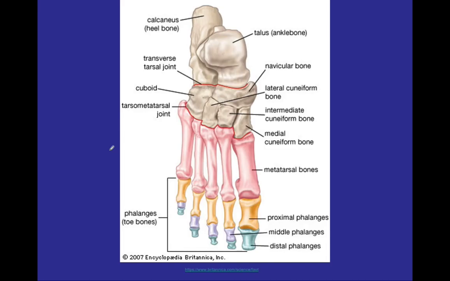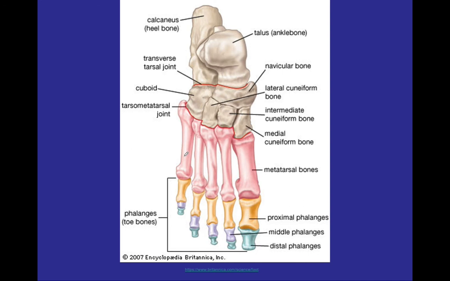Now, in terms of naming the metatarsals and the phalanges of the feet, we use the exact same naming system as we did in the hand. You can see that the largest of the metatarsals will get the term metatarsal 1. So this is here, metatarsal 1, this is metatarsal 2, metatarsal 3, metatarsal 4, and metatarsal 5.